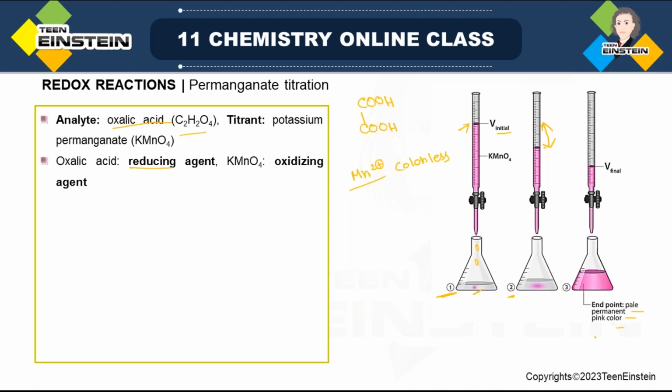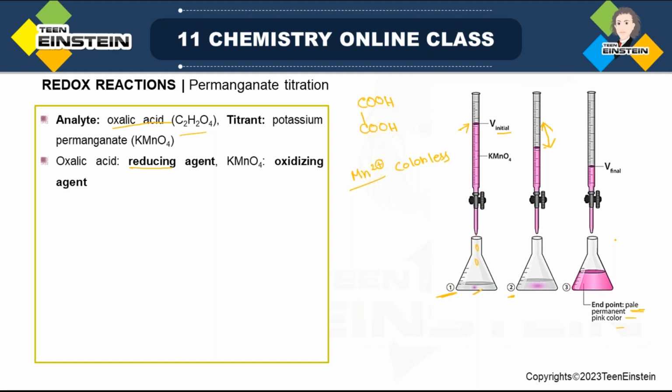That is why the excess KMnO4 is showing its color, which is persistent. So this is very pale. If you have added extra amount, this extra should be very little, otherwise there will be error in the calculation. It may be just one drop extra, so that we can see the color is persisting. Color is persisting means the reaction is over.